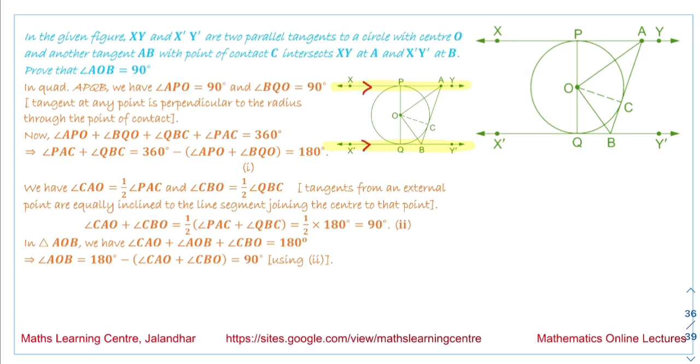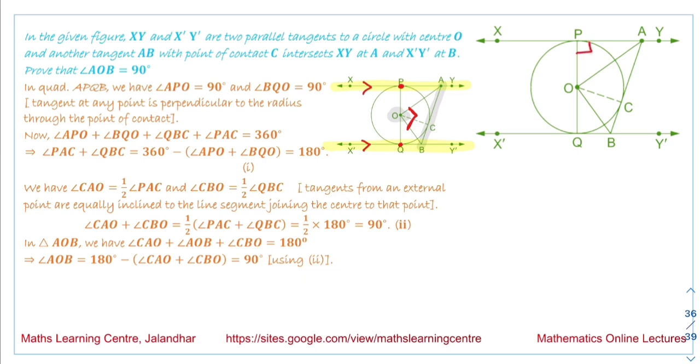These are the tangents at the points P and Q, and they are parallel tangents to the circle whose center is O. Another tangent AB, whose point of contact is C, intersects XY at A and X dash Y dash at B. We have to prove that the angle AOB is of measure 90 degrees.